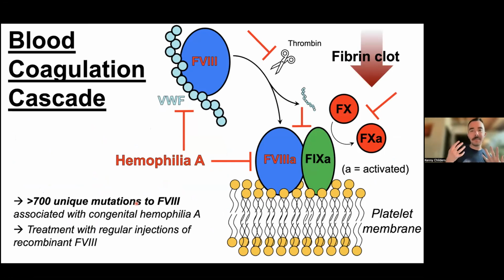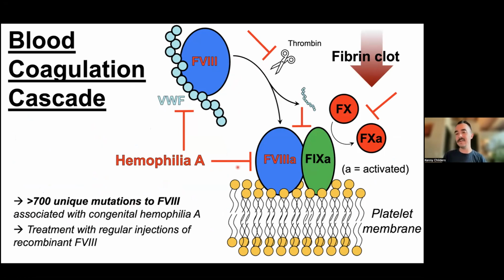However, this pathway can be disrupted in patients with a disease called hemophilia A. In hemophilia A cases, patients will have a mutation to factor VIII, and that's going to disrupt one part of this blood coagulation cascade in factor VIII. So we can have mutations that disrupt, for example, the binding of thrombin and its activation.